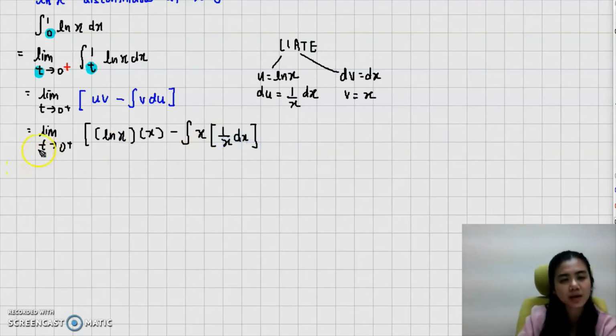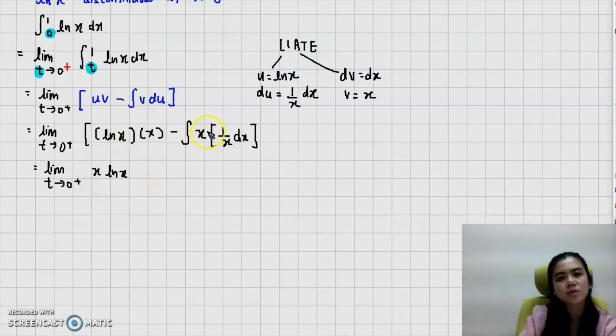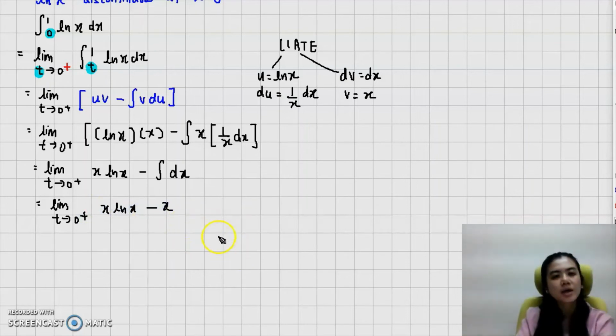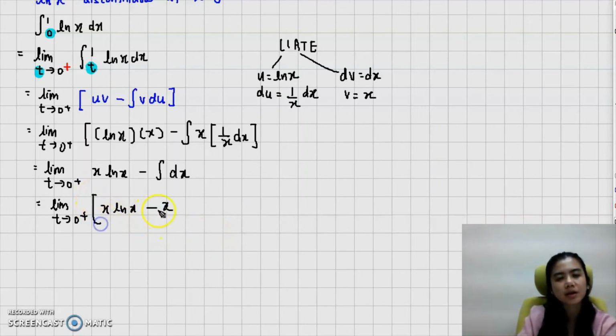Simplify it. We have x ln x, and cancel the x with 1 over x, so we have the integration of dx. Integrate it one more time, so we have minus x. Now we have completed the integration, and don't forget to put back the interval, so we have the limits from t to 1 here.